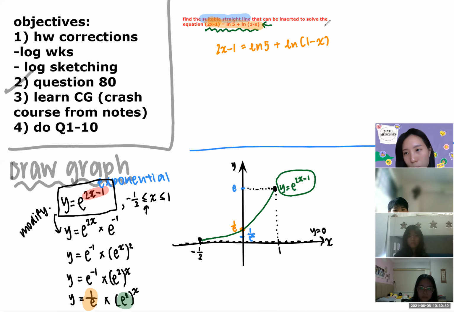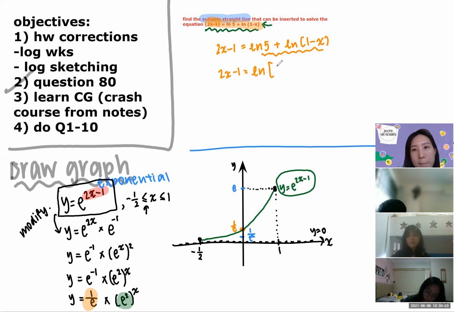What would we want to do? Combine the right-hand side. Very good. I'm going to combine the right-hand side. So when I combine the right-hand side, what do I have now? ln open bracket 5, then open bracket again, 1 minus x, close bracket.